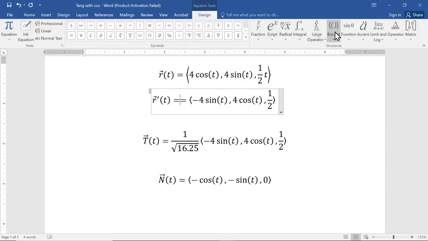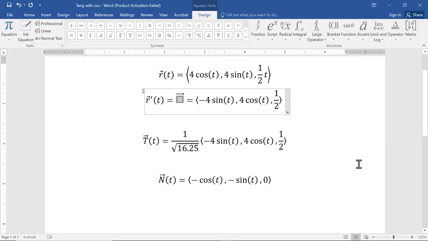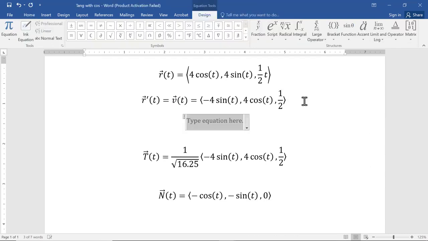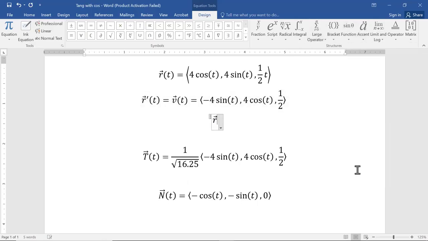So we can simply say we've already found the velocity vector. The acceleration vector is, well, the second derivative. So we take r double prime of t, and that is my acceleration vector.